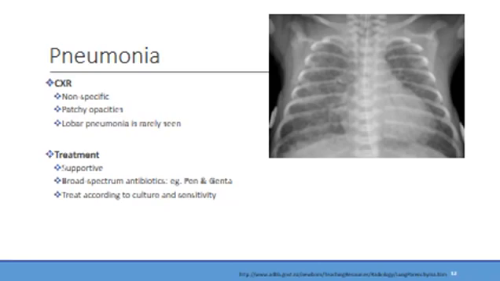The treatment is supportive, again making sure that the baby is stable regarding temperature, oxygenation, etc. But the specific treatment then is to administer broad-spectrum antibiotics such as Pen-G and gentamicin or ampicillin and amikacin, and then to de-escalate as soon as you have a positive culture, and then to treat according to culture and sensitivity. Very important to again be aware of antibiotic stewardship and to choose the correct antibiotic and to administer it for the correct period of time.